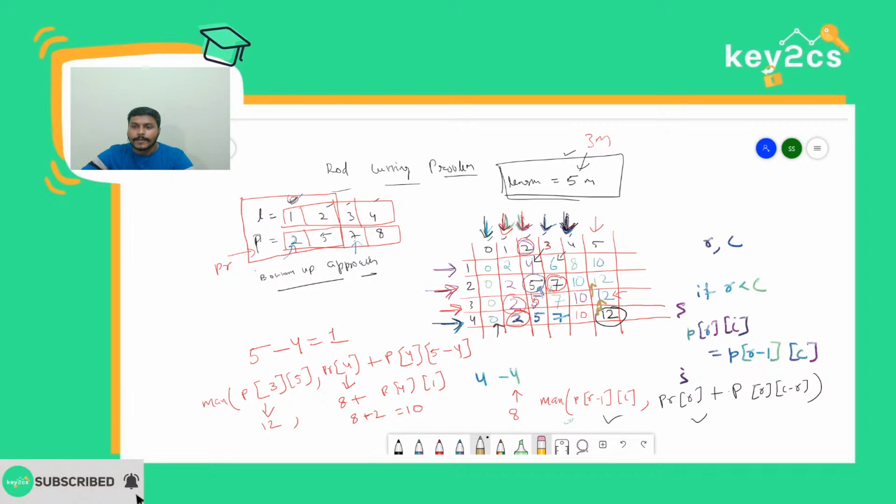So now you come again, check whether you have copied the previous value: it is 10, not 12. That means you have not copied the previous value, you have come from the left side. That means you have taken a rod of 2 meter length. You have not copied the previous profit, you have actually taken a rod of length 2 meter. If you take the current length rod, then only the profit would change, right?